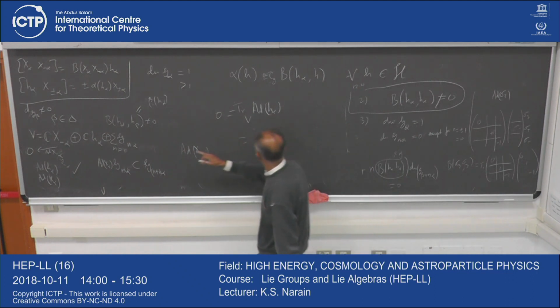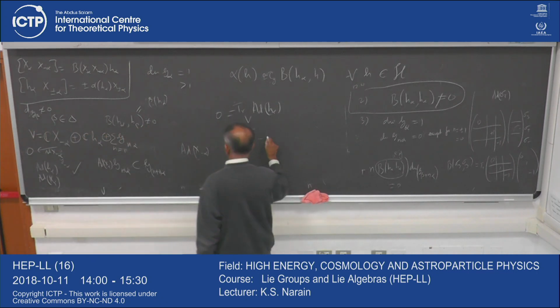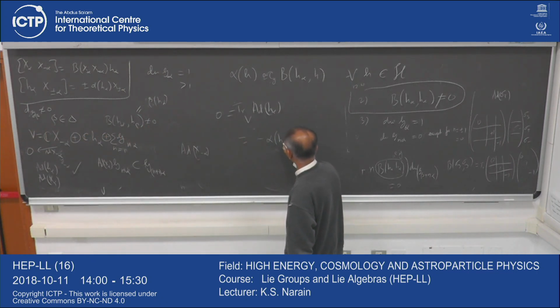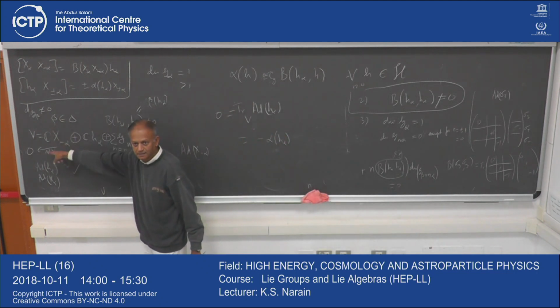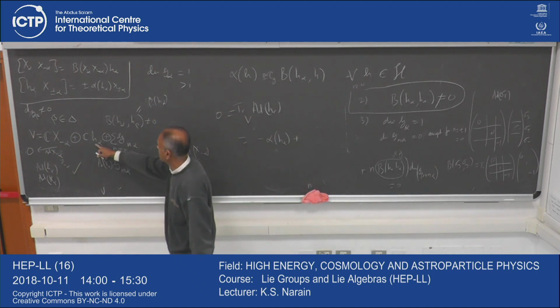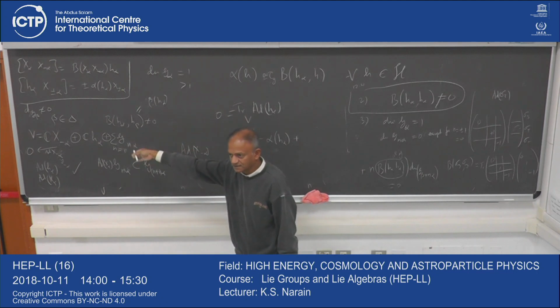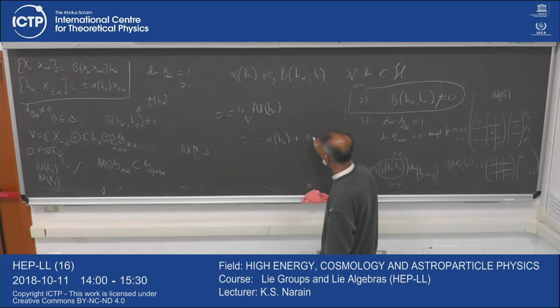When it acts on this space, I'm going to get minus alpha, h alpha, with coefficient 1, because I'm taking only a one-dimensional space here. Acting on this guy, it gives you 0, because h alpha commutes with h alpha anyway. It's in the Cartan. And here, I'm going to get plus n alpha h alpha, summed over n, times the dimension of G n alpha.